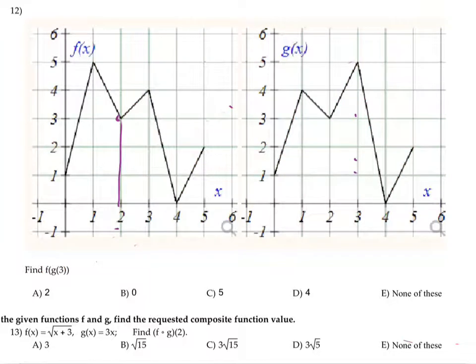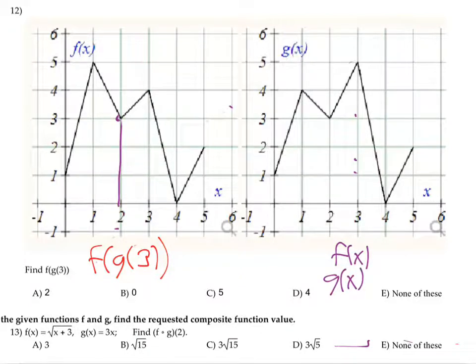All right, this one is f of g of 3. How does this work? Well, we take the 3. Now remember, functions, if I write f of x or g of x, the key point is always inside the parentheses is x.